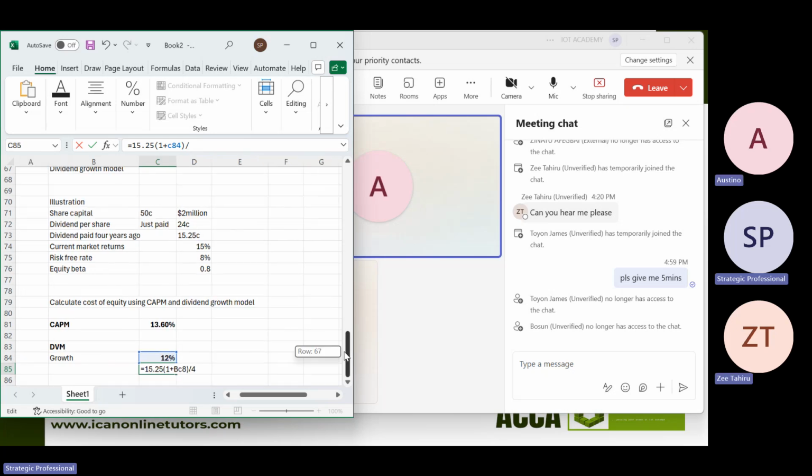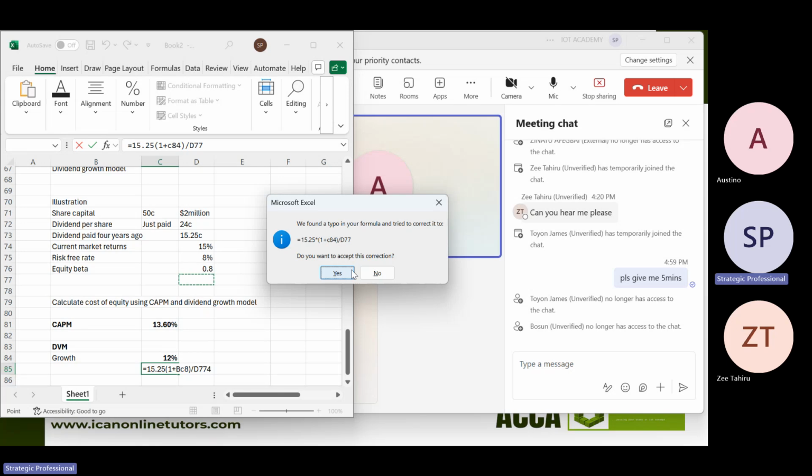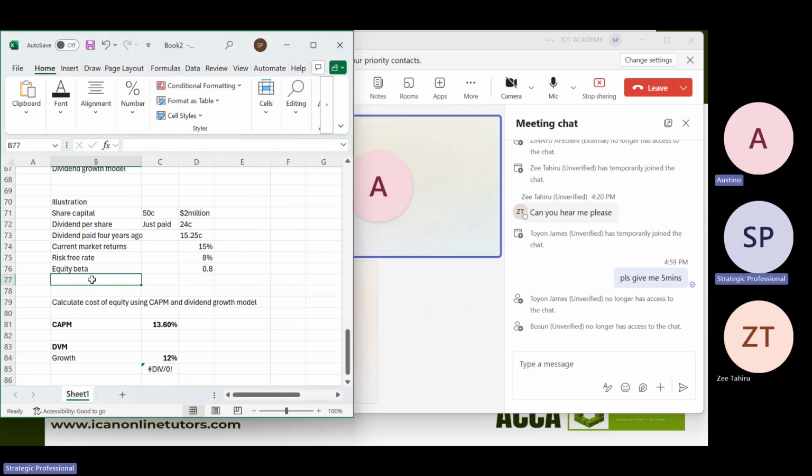P0. But we're not even given P0. There's no P0 here. So let's just do an assumption. Let's call P0 the share price, maybe 10 naira. We're just using this question to solve something.